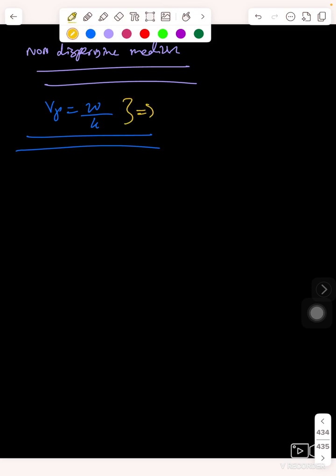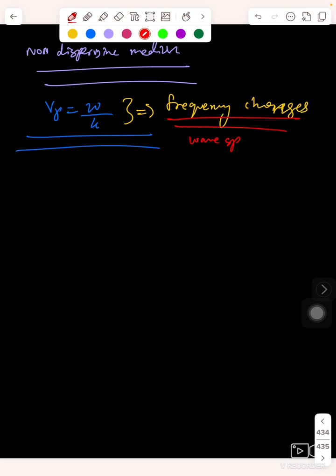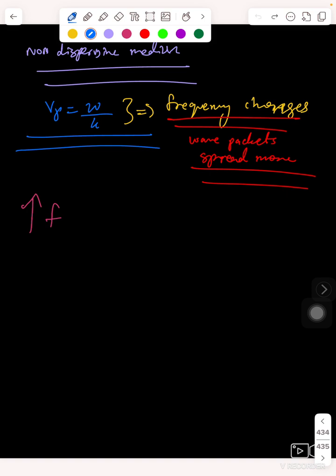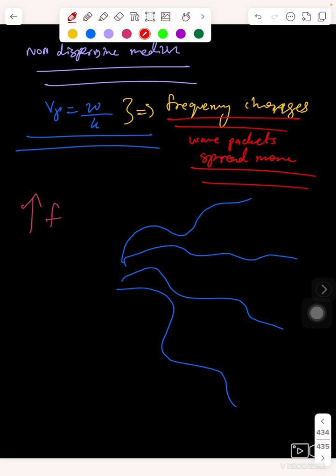The difference is that if our frequency changes, wave packets will spread more. Wave packets spreading more means the higher the frequency, the higher the wave packet spreading, more spread from here till here.